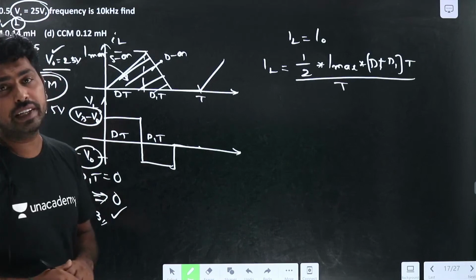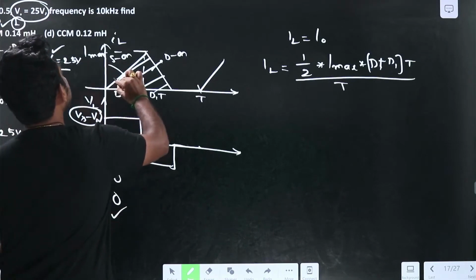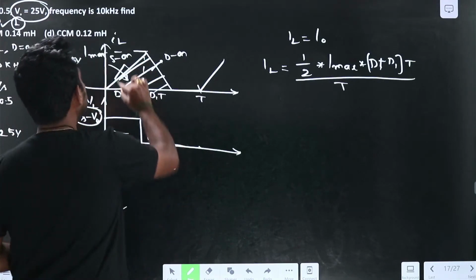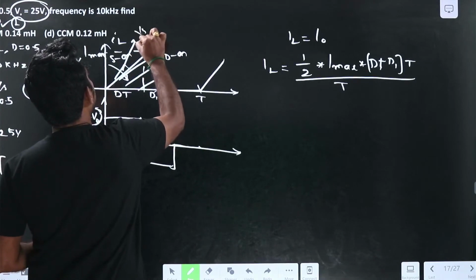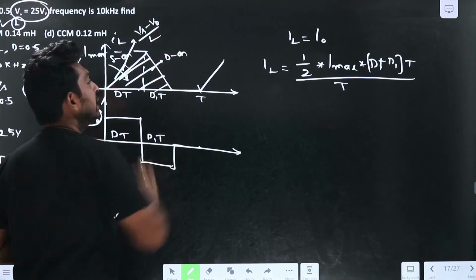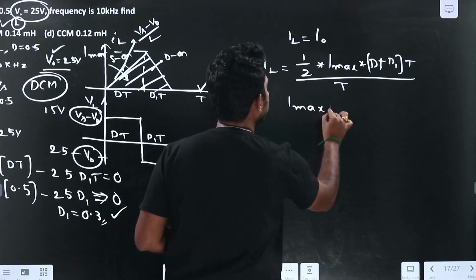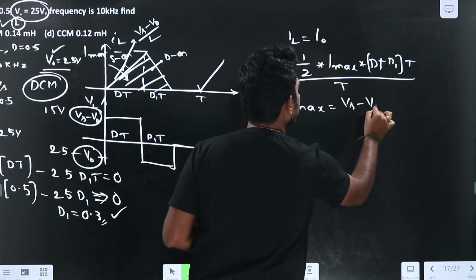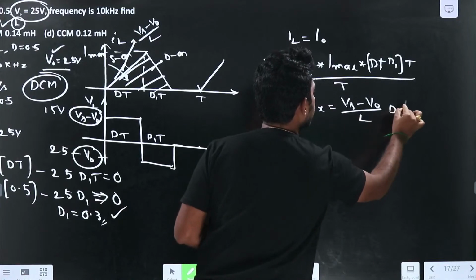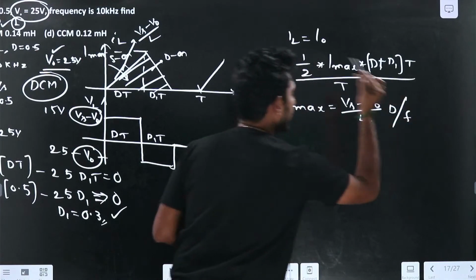How can I find I max? It depends on the slope, which is nothing but Vs minus V naught by L. So I max equals Vs minus V naught by L into dT, where T equals 1 by f.